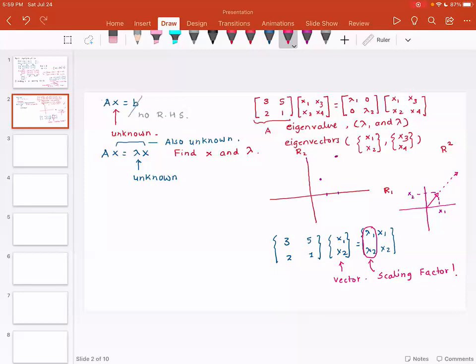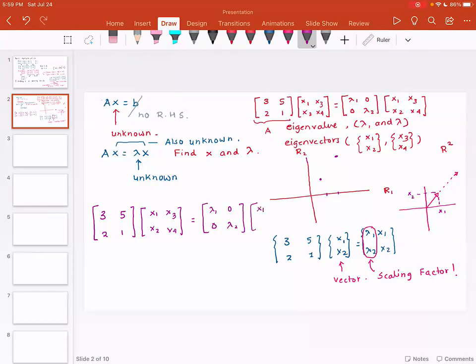And in case you are wondering, I don't want to take a shortcut when I try to solve this equation. Let me expand this equation, that will make it clear. 3, 5, 2, 1. x1, x2, x3, x4 is equal to lambda 1, 0, 0, lambda 2.